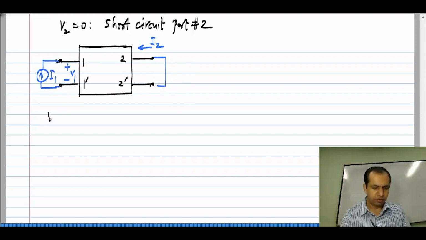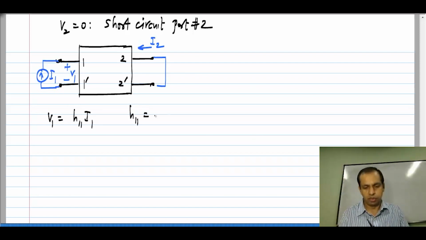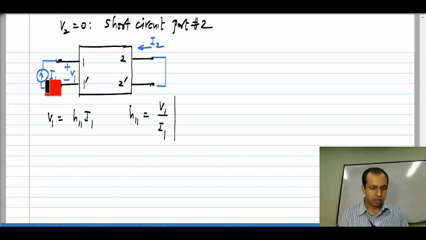So, what do we get with V2 set to 0? We have V1 to be H11 I1. In other words, H11 is simply V1 by I1, or the resistance looking into port 1 with port 2 short circuited. Okay.